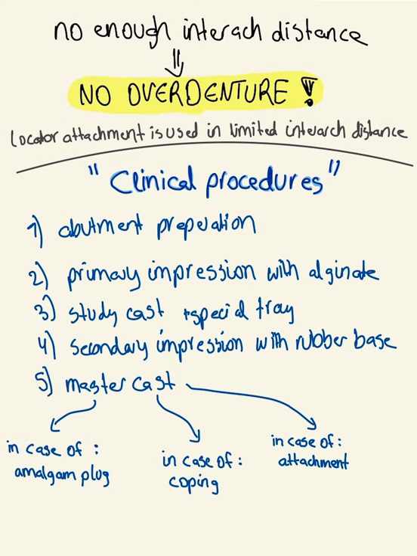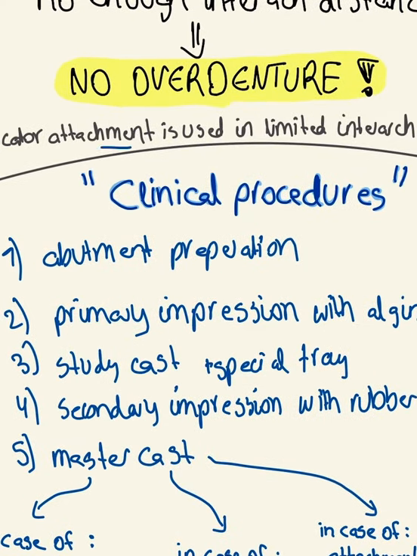So there is an attachment type, this is a locator attachment, where the abutment is like a socket, and the fitting surface is like a capsule. And here we have no lever arm.